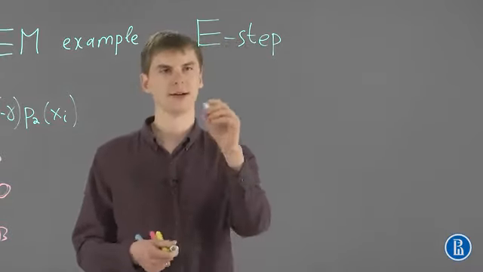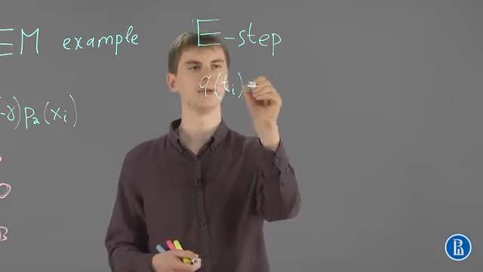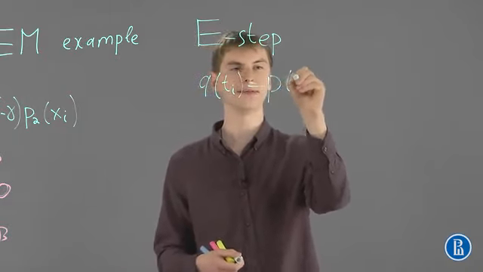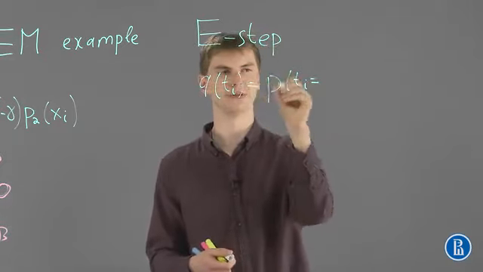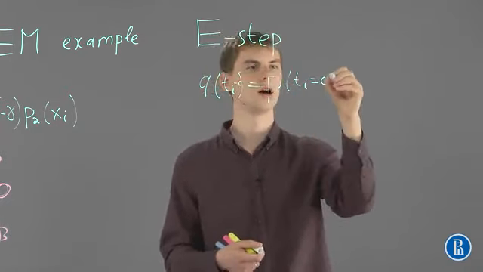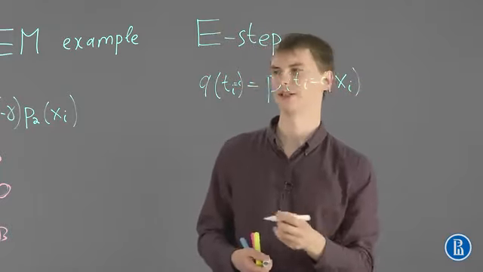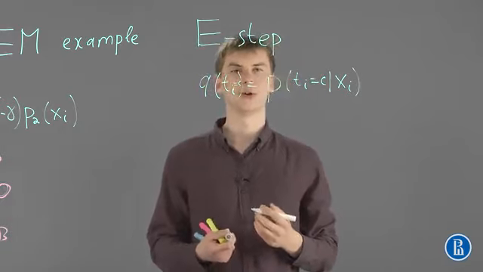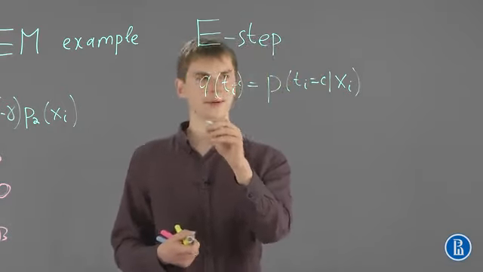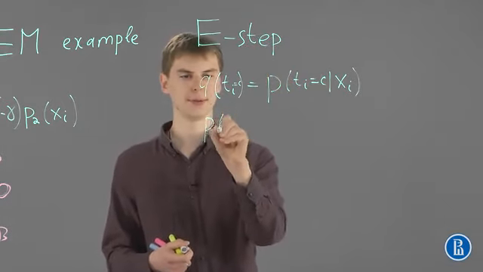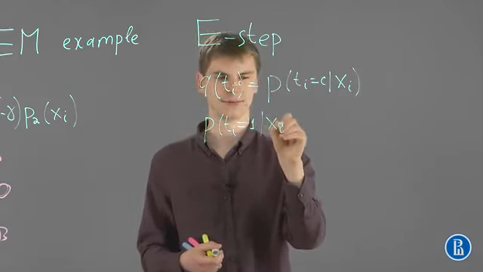So we want to find Q of ti, which equals the posterior distribution P of ti given the data point xi and the parameters, but I will omit them as usual in this video. So let's see how we can do it. Let's start with the probability of ti equals 1 if we know that xi equals 1.